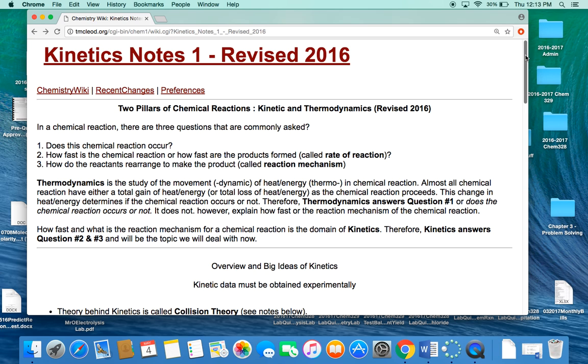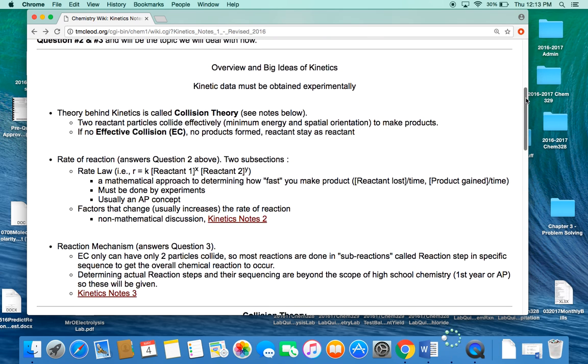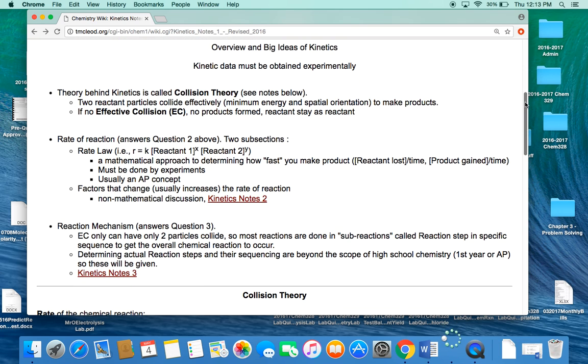The most common model used for kinetics is called the collision theory. And to me, it's just an extension of the kinetic molecular theory. If you remember, the kinetic molecular theory says that all substances are made up of particles that are in constant motion, and sometimes they interact. Well, that interaction is actually collisions.